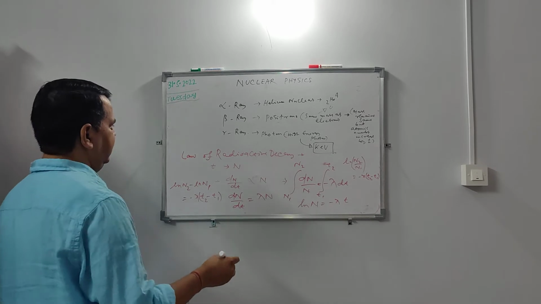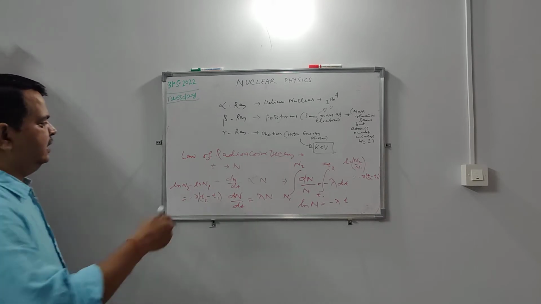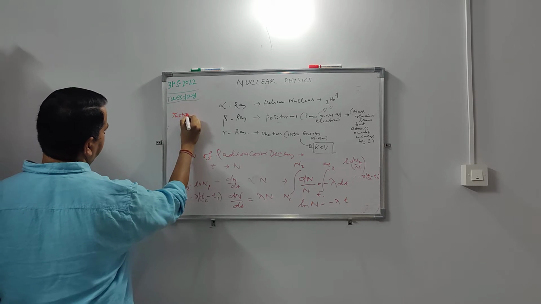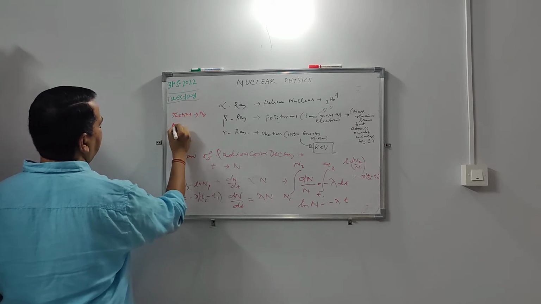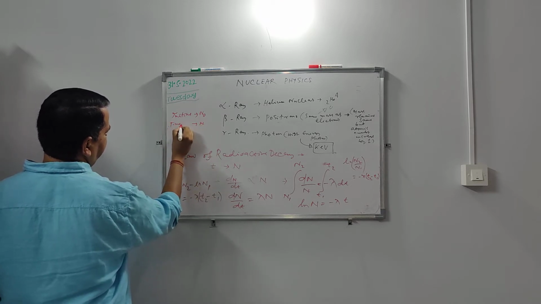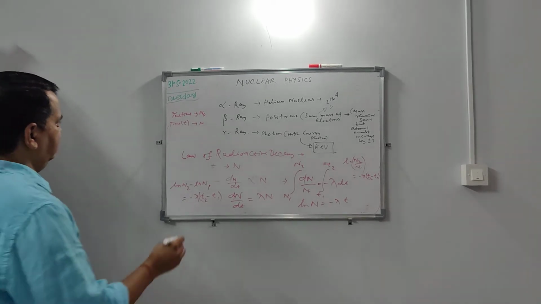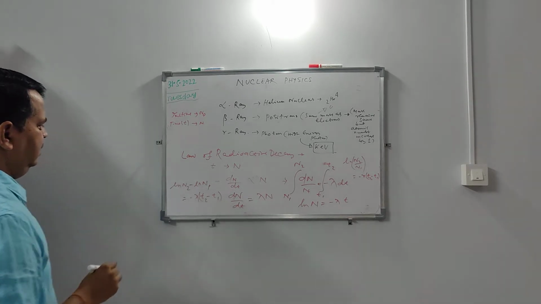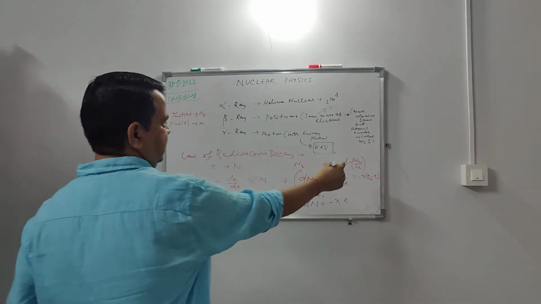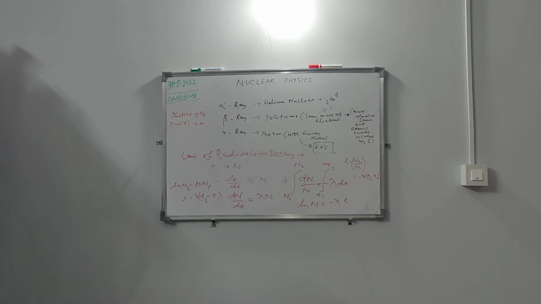Okay, so in general, if it starts with N0 and goes to N, we want to write a generalized equation. Initial is N0 and at time t it becomes N. So N2 you can replace by N, and N1 you can replace by N0. N0 is initial.